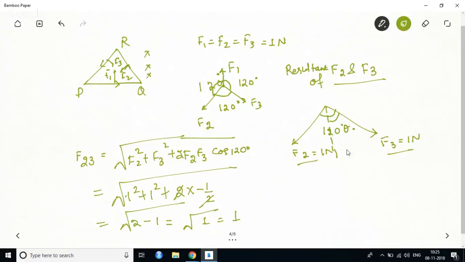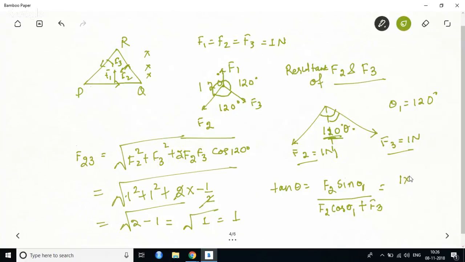Then tan theta would be equal to opposite side, which is F2 sine theta divided by F3 plus F2 cos theta. And what is theta? This complete 120 degrees. So I'm writing it theta 1 here, where theta 1 is equal to 120 degrees.